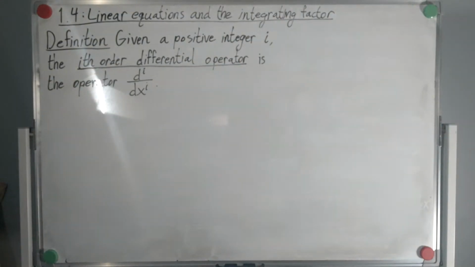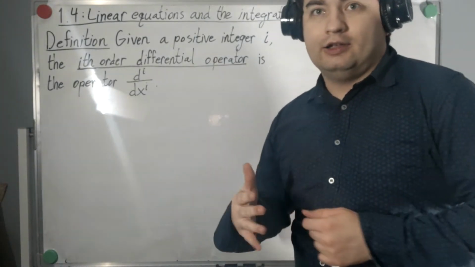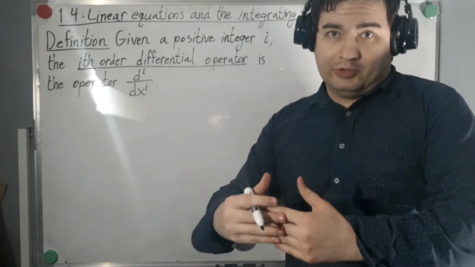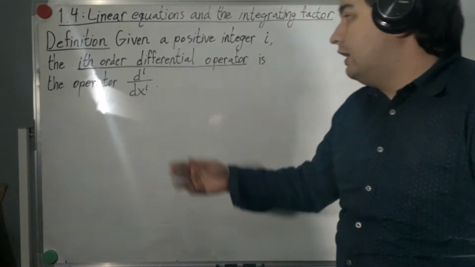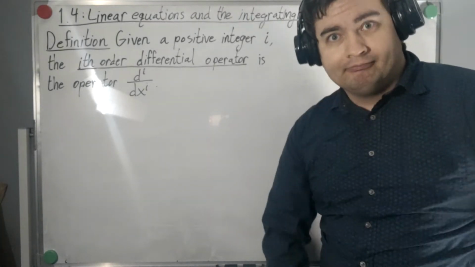Okay. And by operator, what I mean is, a function takes a real number and gives you a real number back. An operator takes a function and gives you a function back.